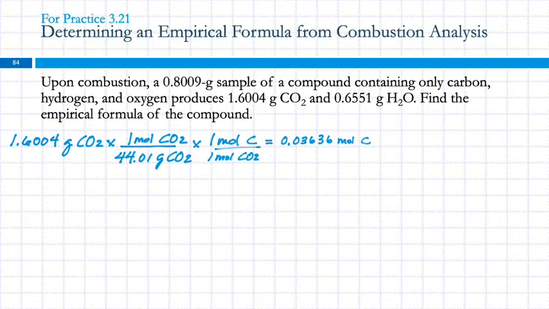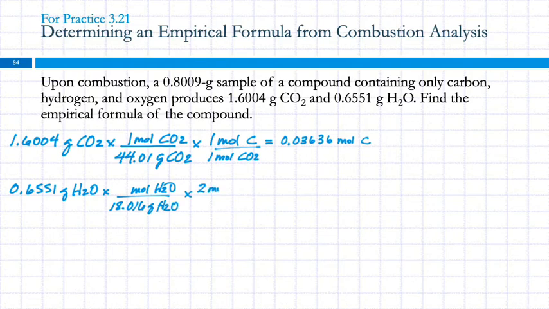And then we'll do the hydrogen from the water, 0.6551 grams of water, converting to moles of water using the molar mass, and then looking at the formula, seeing there are 2 moles of hydrogen per 1 mole of water. 0.6551 divided by 18.016 times 2.